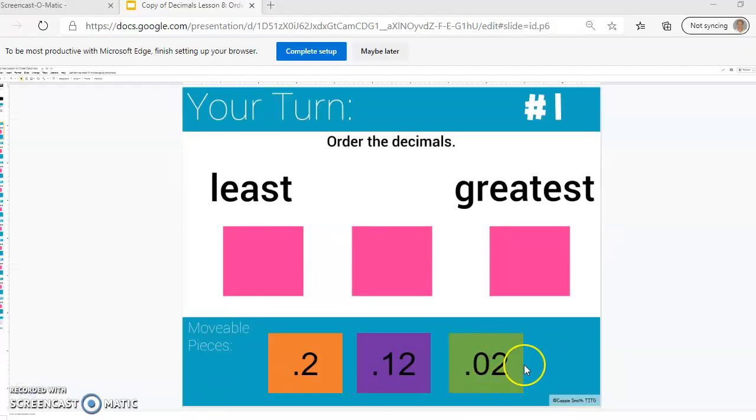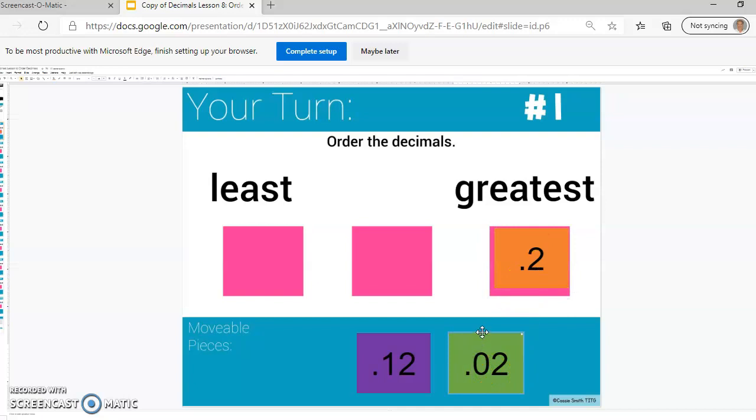And again, I'm going to drag it. There it goes. So this one is my biggest. I'm going to move it on up. Here we go. There's my least. And my one in the middle is this one.